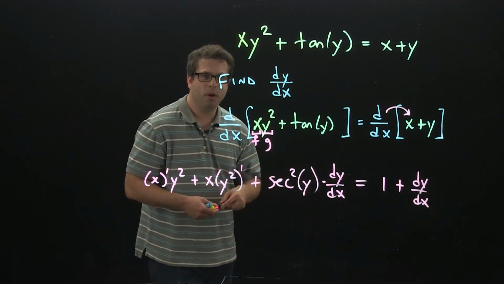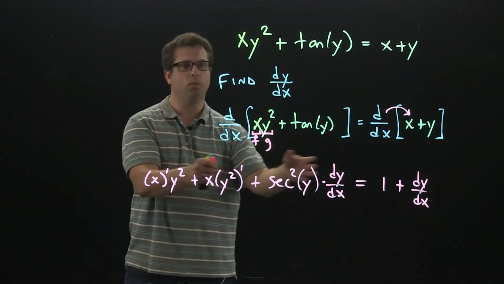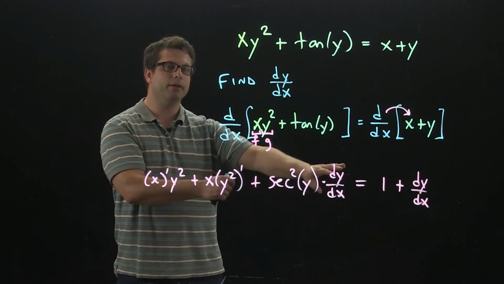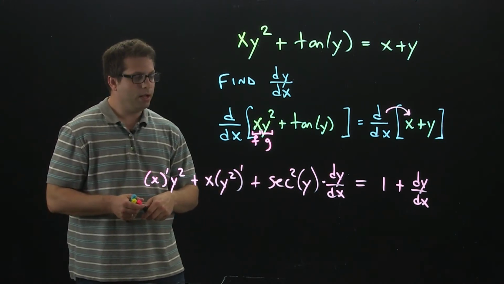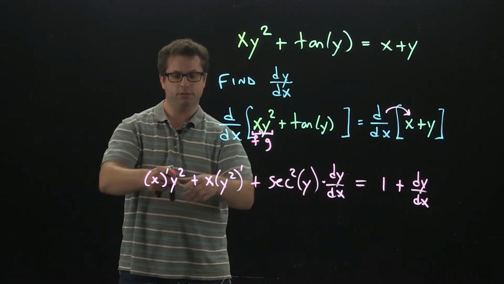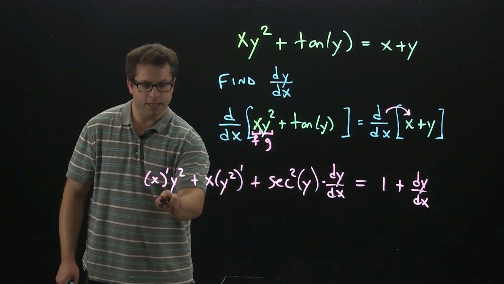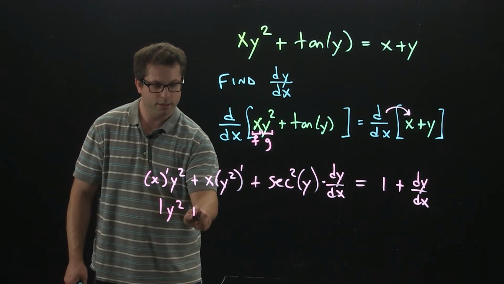All right, so the derivative part is done. If I want to solve for dy dx, I need to get all the dy dx's on one side, everything else on the other, and then solve for dy dx like I was solving an equation. So these two, I haven't finished taking this derivative. So this is going to be derivative of x, that's just 1. So 1y squared.